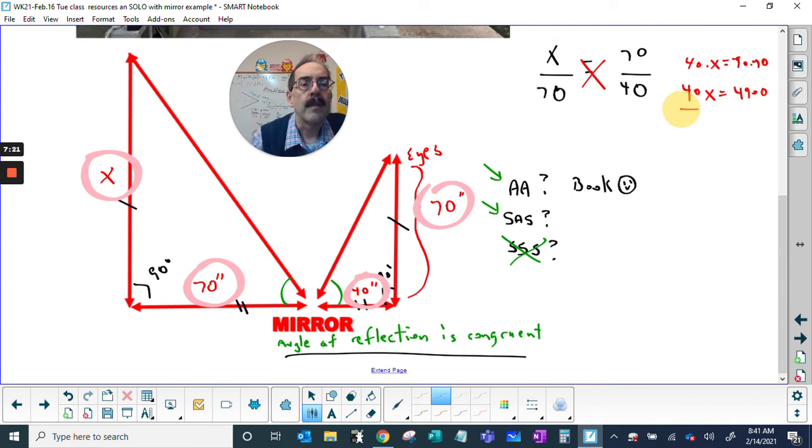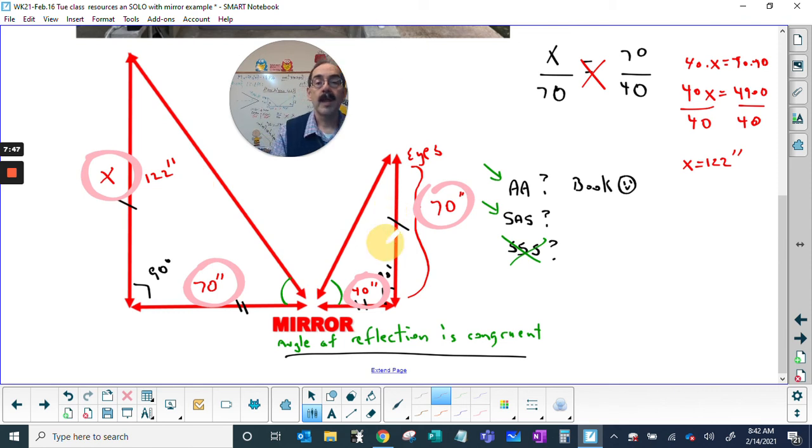And the opposite of multiply is divide. And it turns out that we get 122. And I did everything in inches. 40 inches, 72 inches, 70 inches, and x. So this is 122 inches.